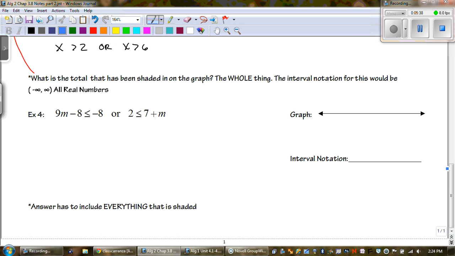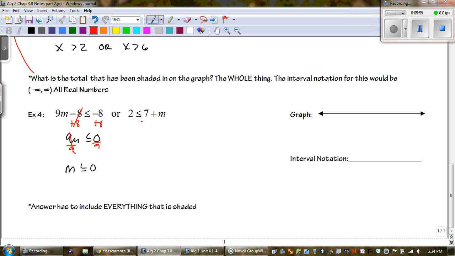All right. Example number 4. First thing we have to do is add 8 to both sides. We get 9m is less than or equal to 0. Divide both sides by 9, and 0 divided by 9, we get m is less than or equal to 0.